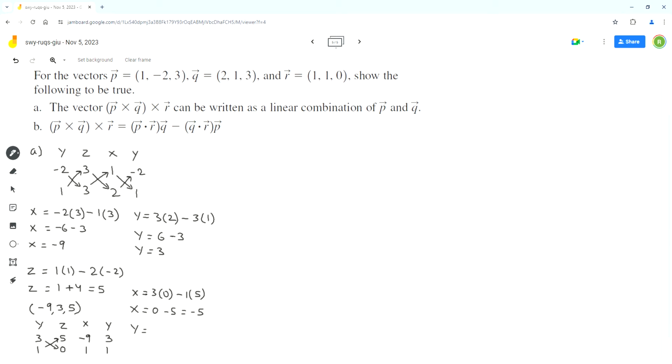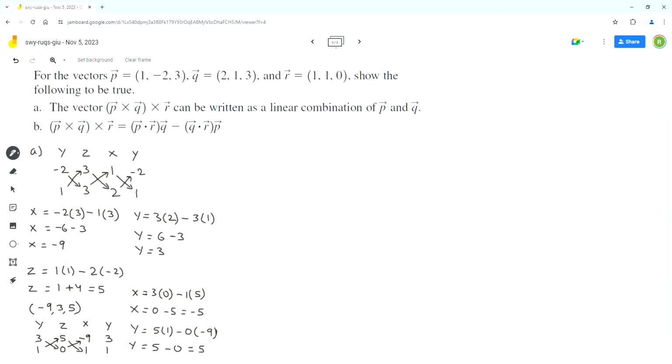We should cross multiply the z and x components. 5 times 1 minus 0 times -9. So I get y equals 5.